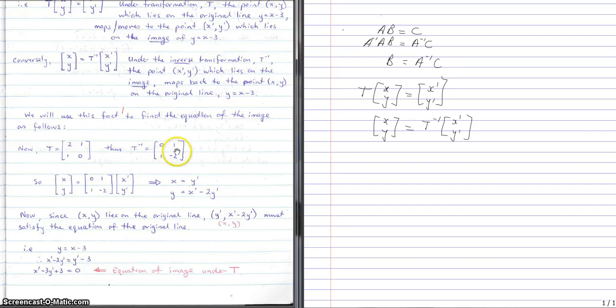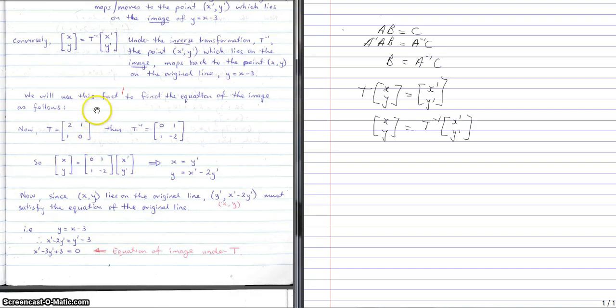If you can't quite remember, just go back and check how you find the inverse. So by rearranging, we find that our original (x, y) can be found by applying our inverse matrix [0, 1; 1, -2] to (x', y').